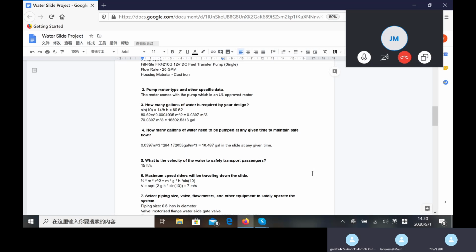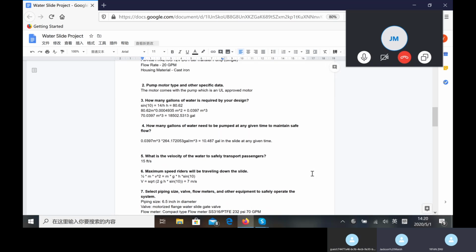That gives us a total of 0.0397 cubic meters. If you add that to our reservoir, that gives us a total of 18,502 gallons. Basically, that's the amount of gallons of water that need to be pumped in at any time to maintain a safe flow.